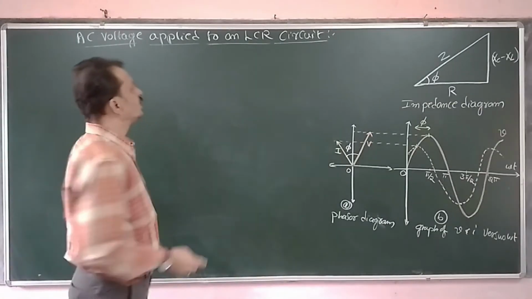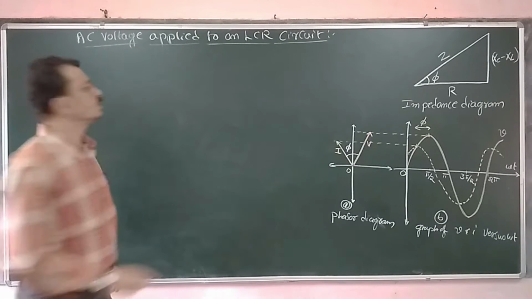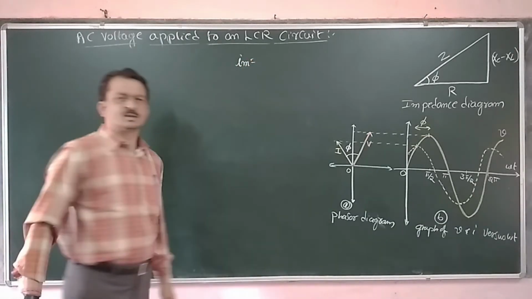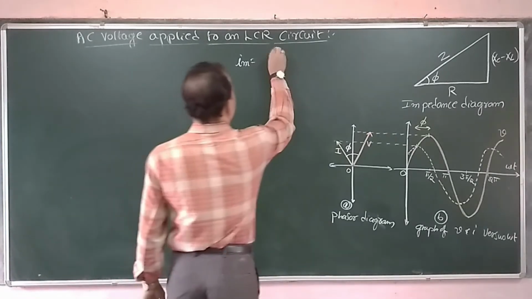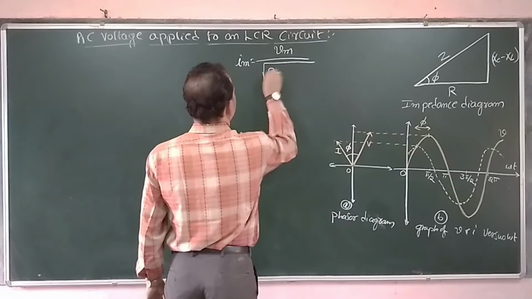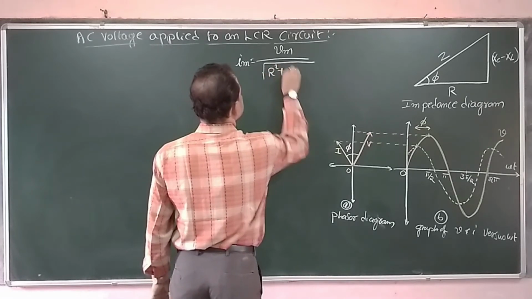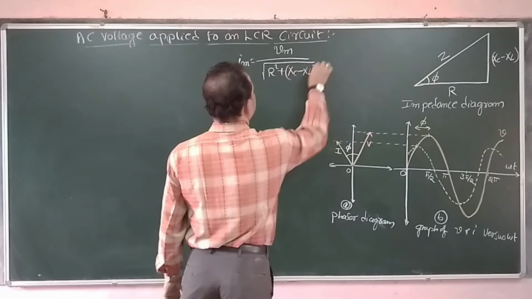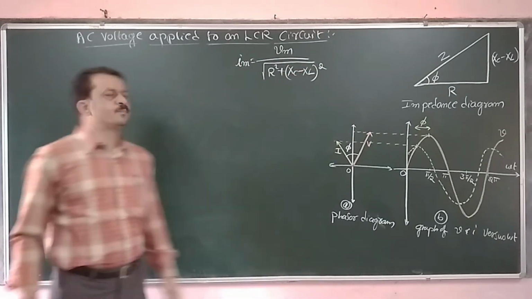Now we have studied the series LCR circuit. In that the expression for current is given by Vm divided by square root of R square plus Xc minus XL whole square.